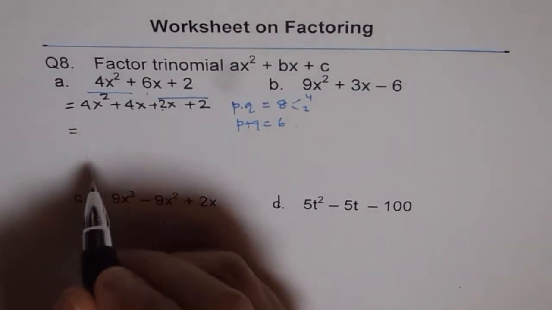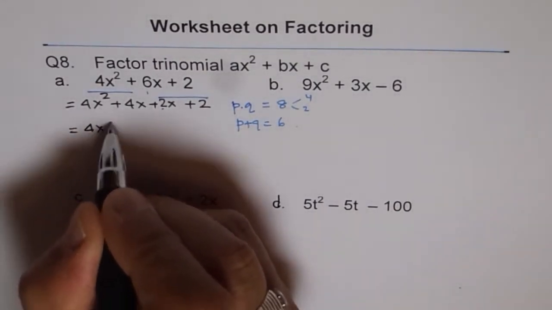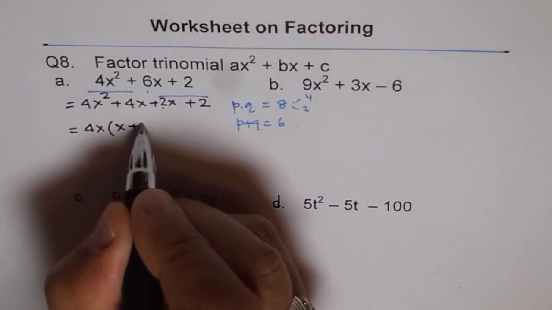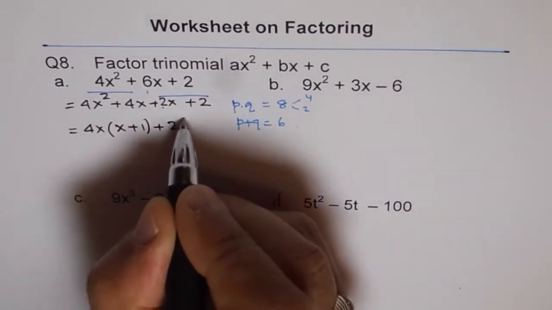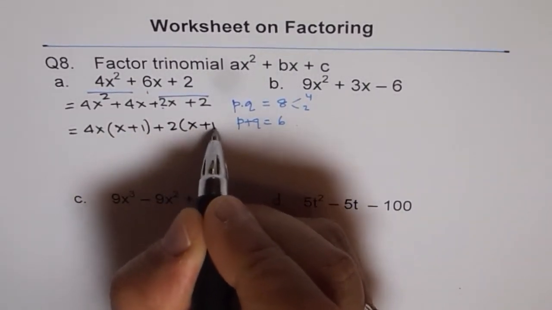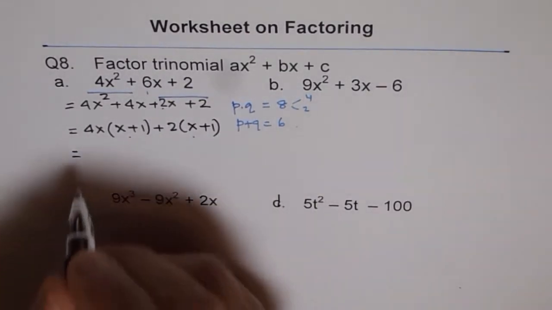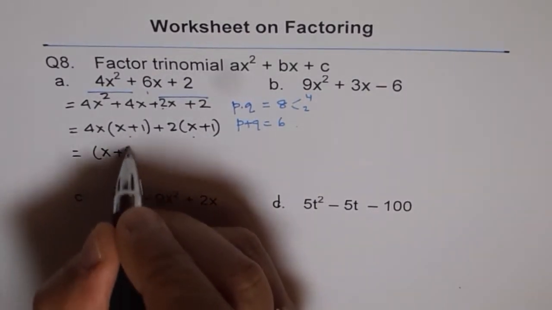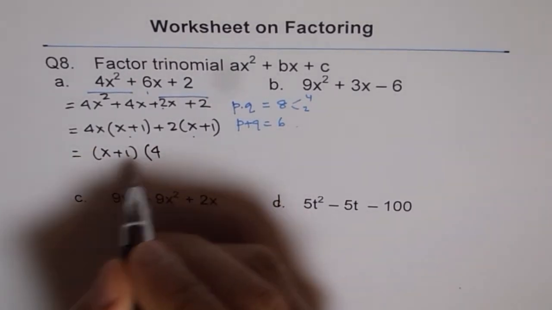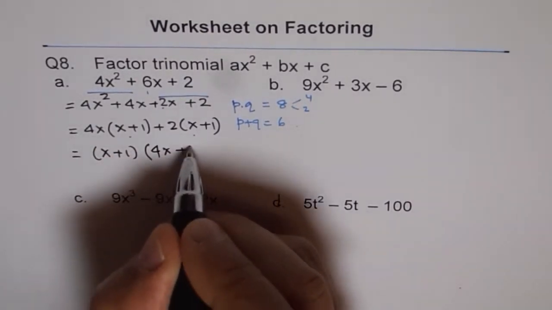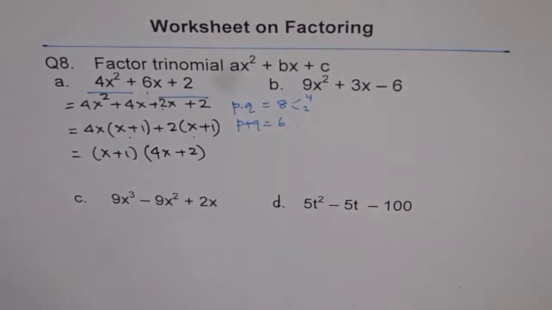So from the first 2 terms, I can take 4x common. That gives me x plus 1. And I can take 2 common from the other 2 terms, which gives me x plus 1. So now I can factor out x plus 1, leaving behind 4x plus 2. So that becomes your answer.